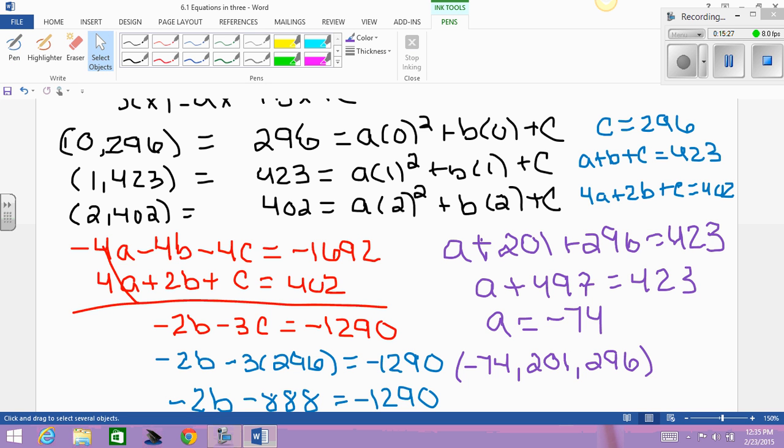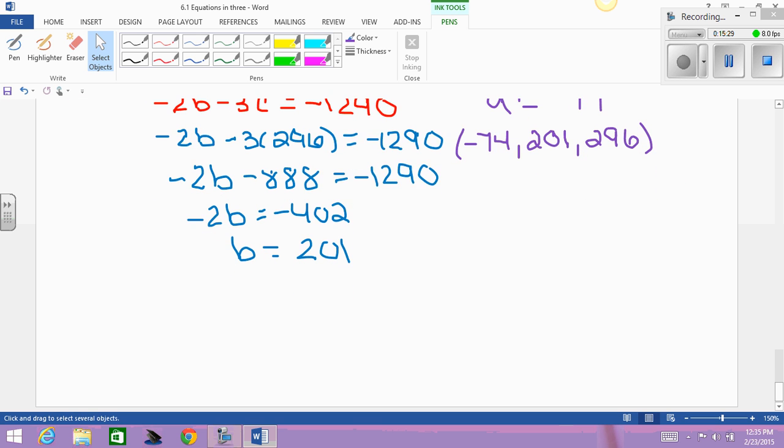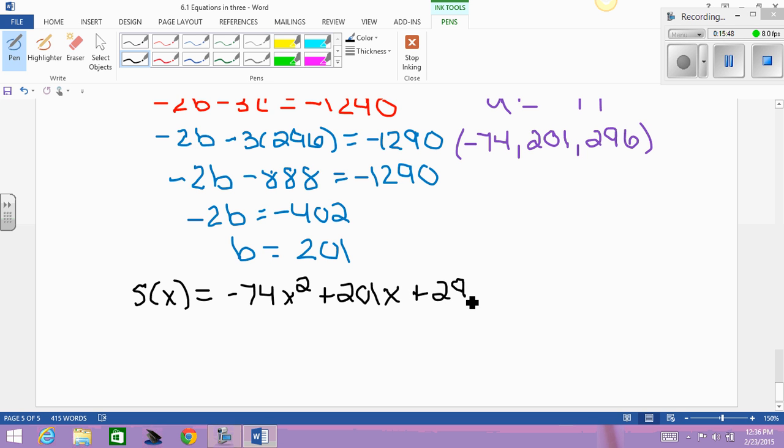So if we have to come up with a quadratic model, we do have to write an equation for that. What that equation is going to look like is S of x equals ax squared, so negative 74 x squared plus bx plus c. Okay, so there's your equation. If it wants to know what it's going to be in 2009, that's the third year after 2006.